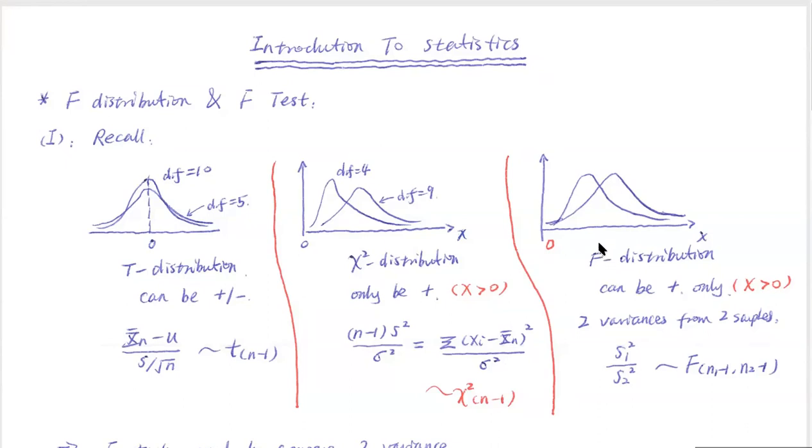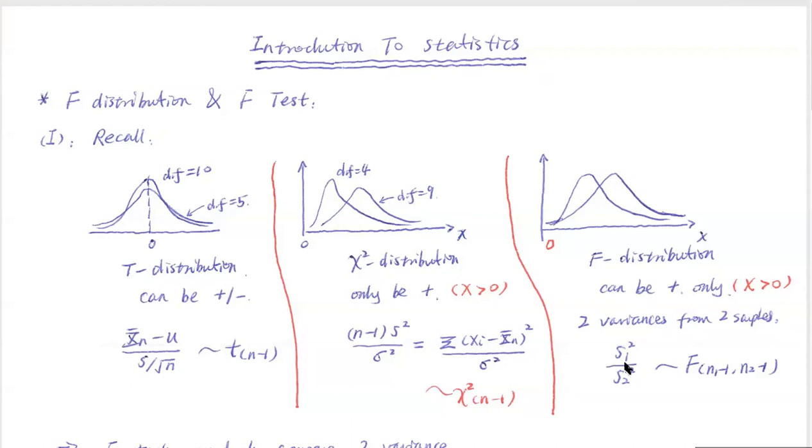And if we ask ourselves why we study this F distribution, essentially we are trying to compare two sample variances. Previously, with the chi-square distribution, we studied one sample variance. Now we are comparing two sample variances, which is very straightforward. The formula is the ratio of those two variances.